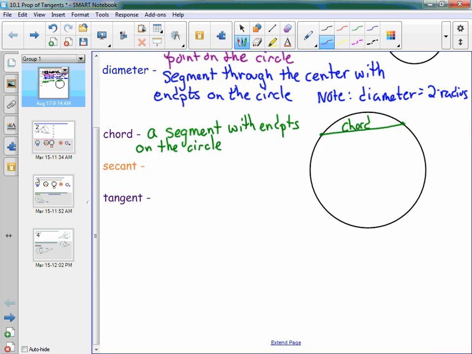Now, what's different? Secant is a line that intersects a circle twice. And the key being here that it is a line, first of all.